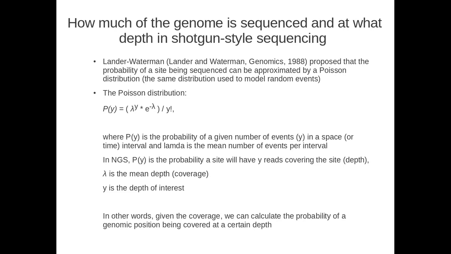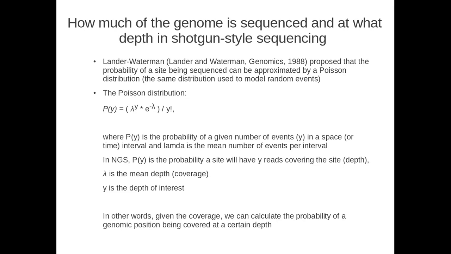So P(y), P as a function of y, is the probability of a given number of events in a space or time interval, and lambda is the mean number of events per interval. In next generation sequencing analysis, P(y) is the probability that a site will have a certain number of reads, or a certain depth at that site, and lambda is the mean depth of coverage.